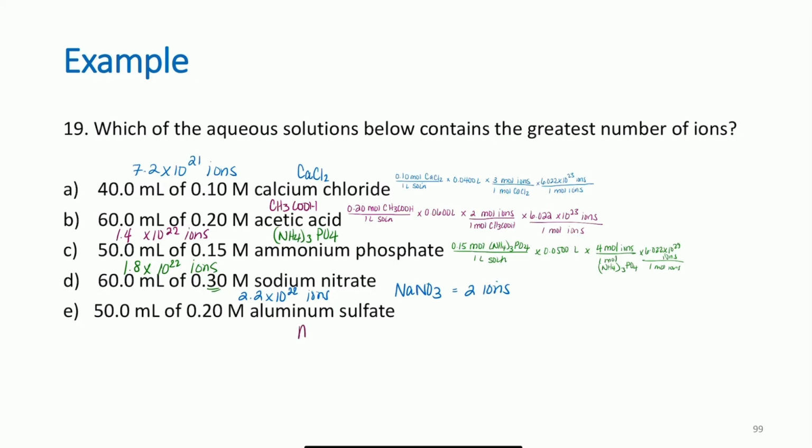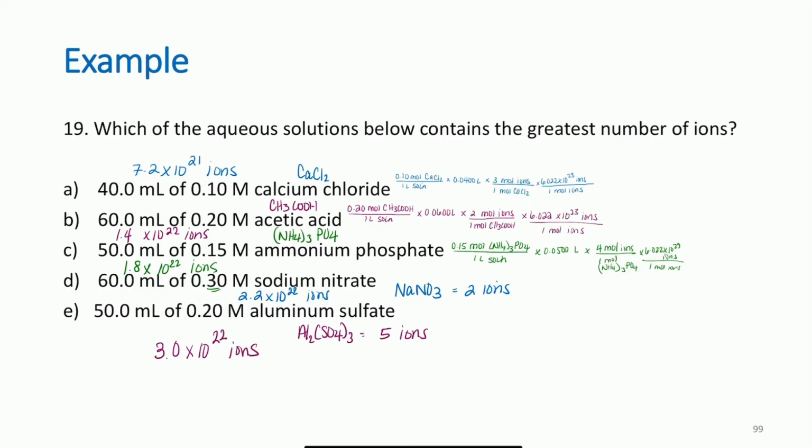And aluminum sulfate, Al2(SO4)3, gives me 5 ions. And the answer here is too small to read, of course. That's what you get when you try to fit too much on a slide. Let's see, 0.2 times 0.05 times 5 times Avogadro's number. It's 3.0 times 10 to the 22nd ions.